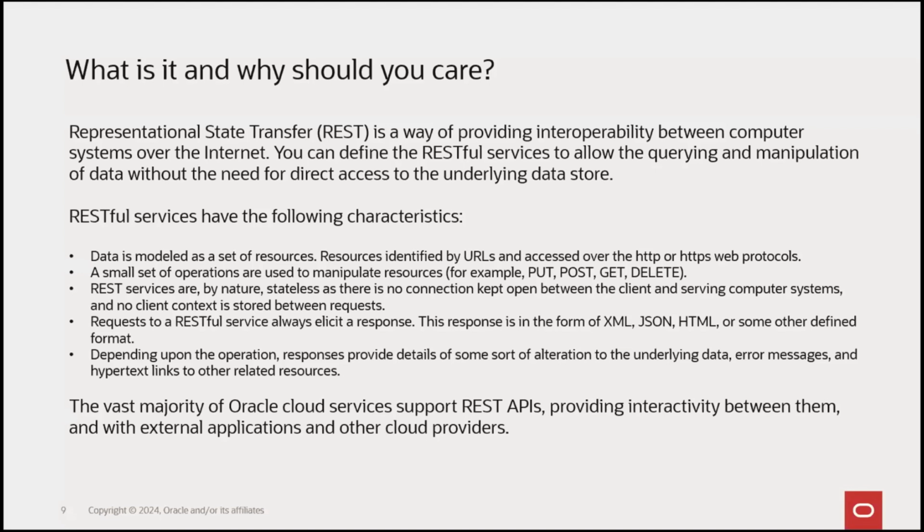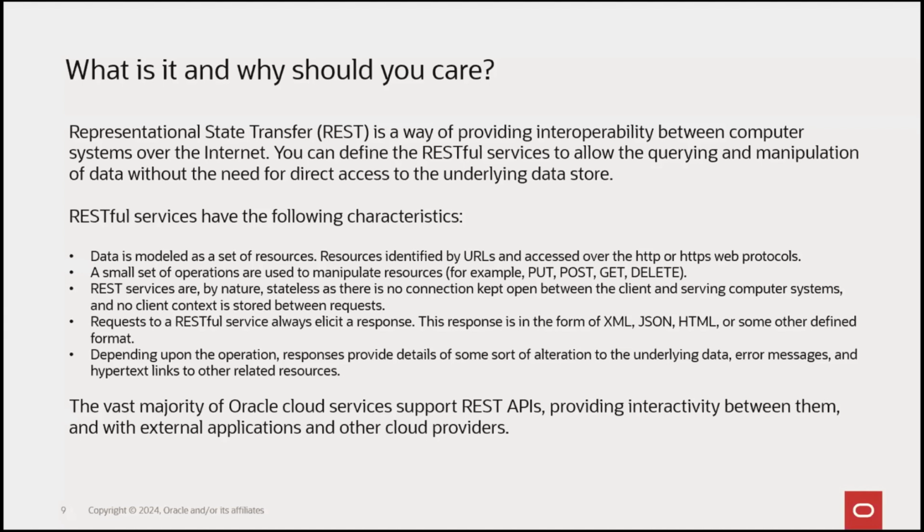Some characteristics, data's modeled as resources identified by a URL, and they're accessed via HTTP or HTTPS using web protocols. A small set of operations. If you're going to issue a REST call, it's either going to be a put, a post, a get, or a delete. And we'll just talk briefly about when you use those.